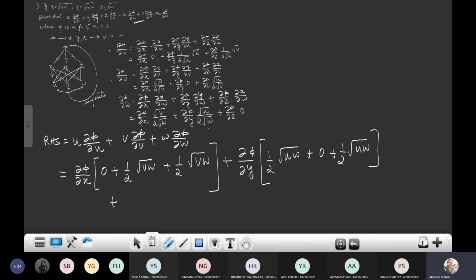Next we will be adding up del phi del z, and with del phi del z, we are multiplying by u, so it is half of uv plus next we are multiplying by v, so half uv, and the third one is 0. Okay. So which is equal to now half plus half 1, and then root vw.